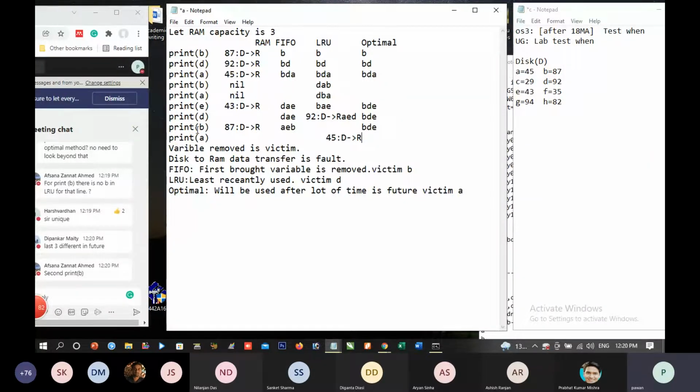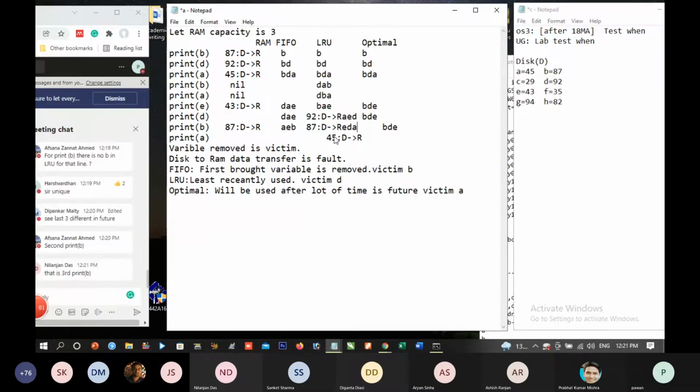When the second print B has taken place, then in LRU another fault will be there. That is correct. Second B was removed, so B will be brought in, which is 87, from disk to RAM, and A will be removed and it will be EDA. Is it correct? Yes.